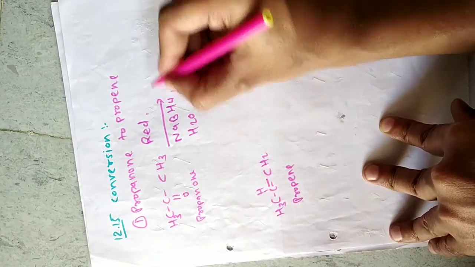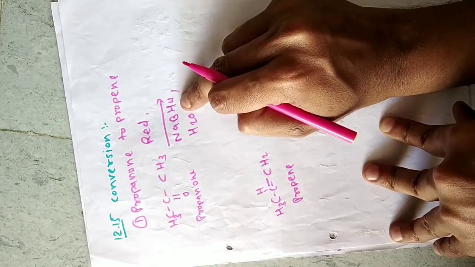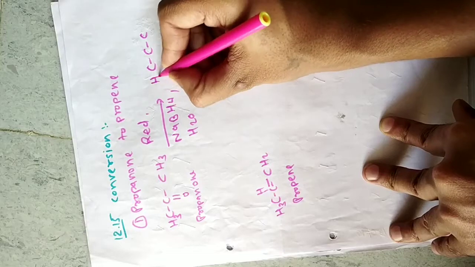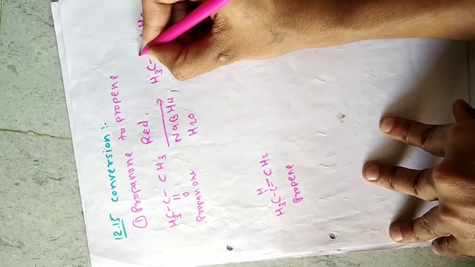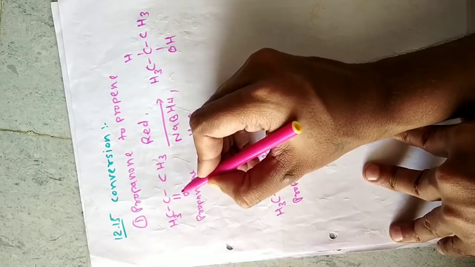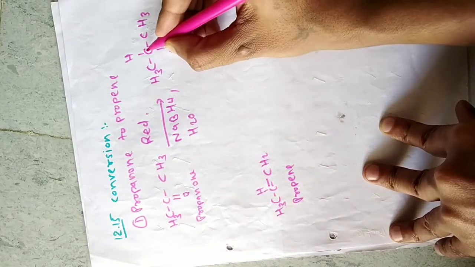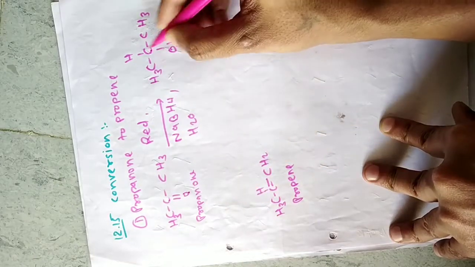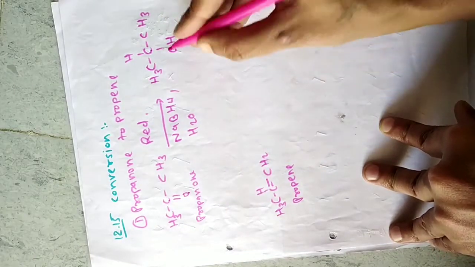What I will get from a ketone on reduction is a 2 degree alcohol. You can see I am adding hydrogen on oxygen as well as on carbon. So this one is our first step.